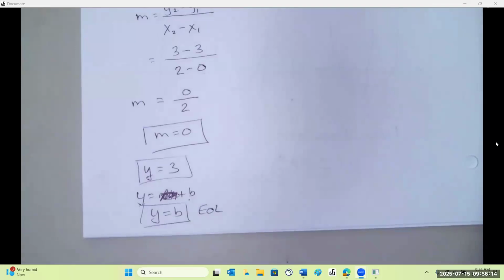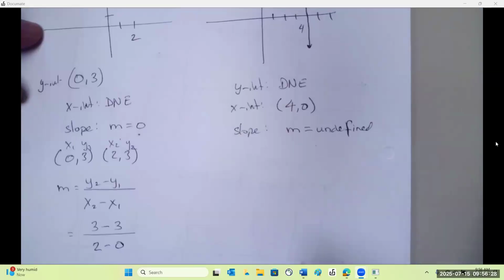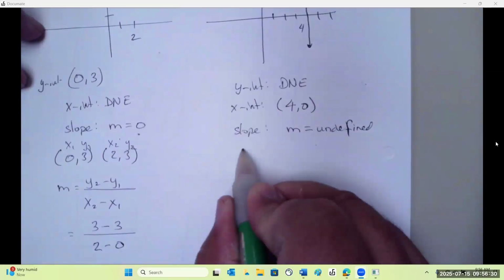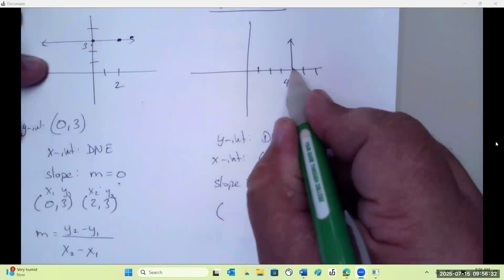So these 3 things are related: slope 0, horizontal line, and y equals b. Those all define horizontal lines. So let's look at what defines a vertical line. We need 2 points.